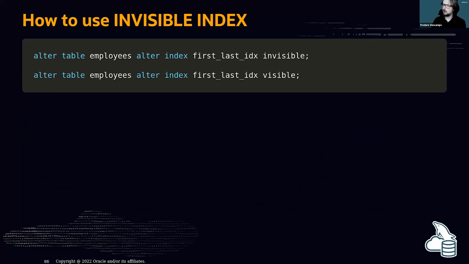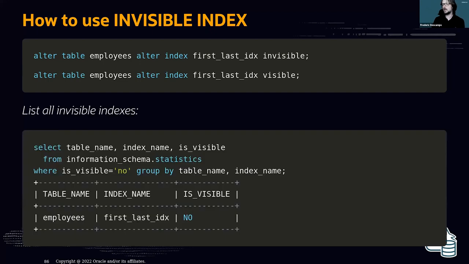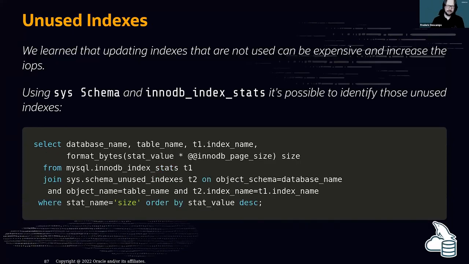This is how we make an index invisible or visible. We can also find all the invisible indexes we have in the database. Something very important for the DBA is that unused indexes are expensive, because every time we modify data, we need to update that index.